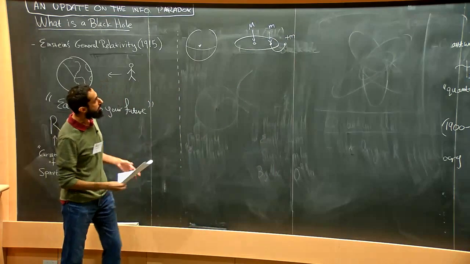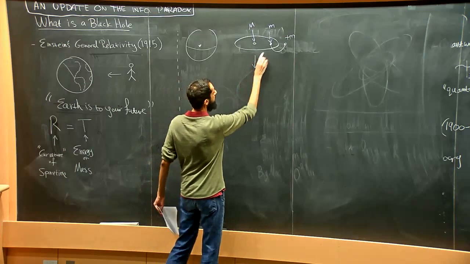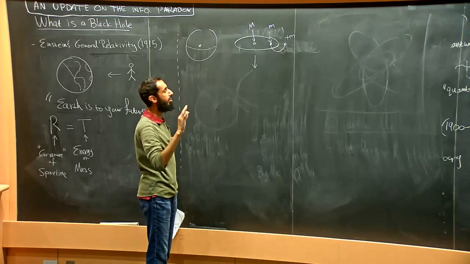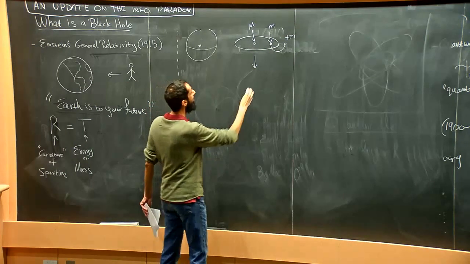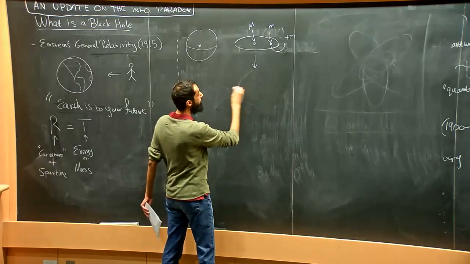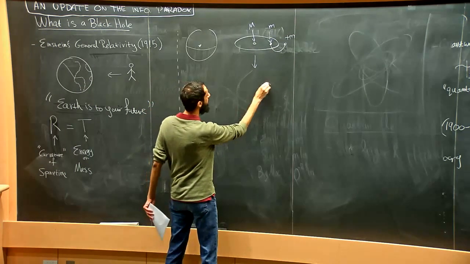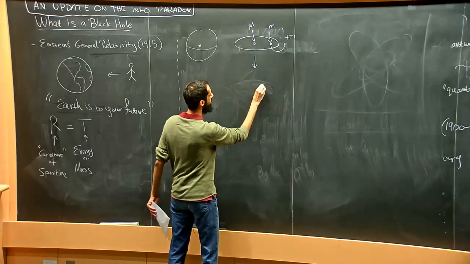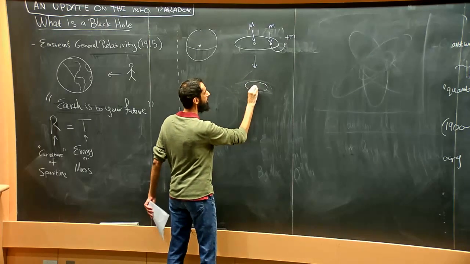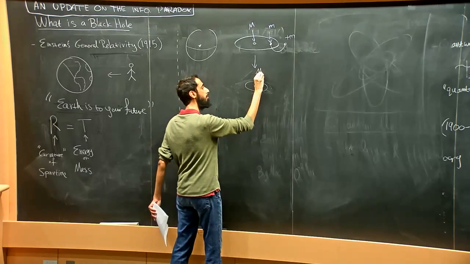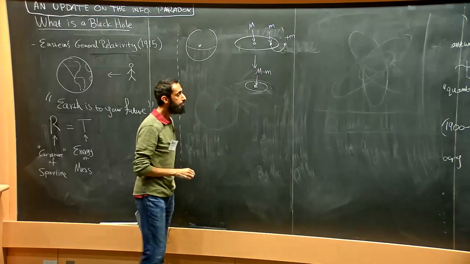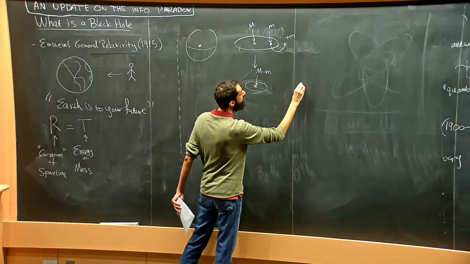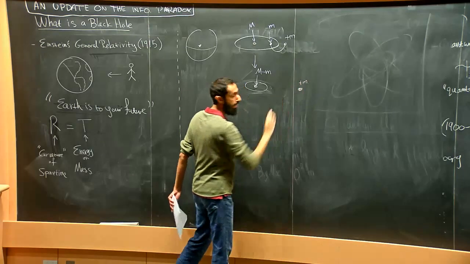So the process now is that this thing falls down to the singularity, or falls down or up to the singularity. I don't know how to describe down and up. And it reduces the mass of the black hole. Therefore, the black hole is slightly smaller. Let me exaggerate it. So the mass is capital M minus little m. And we have this particle outside that just flies away with some mass plus m.